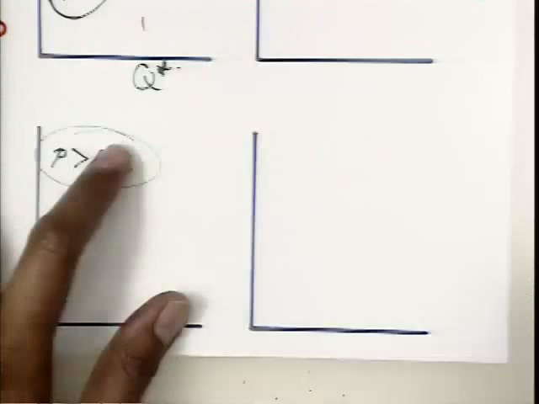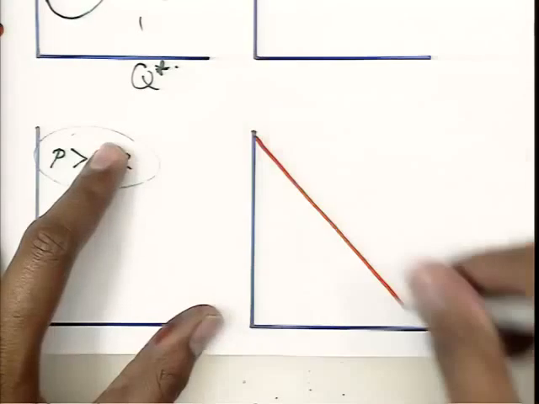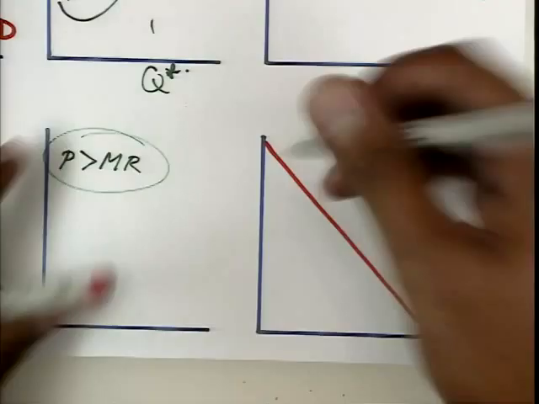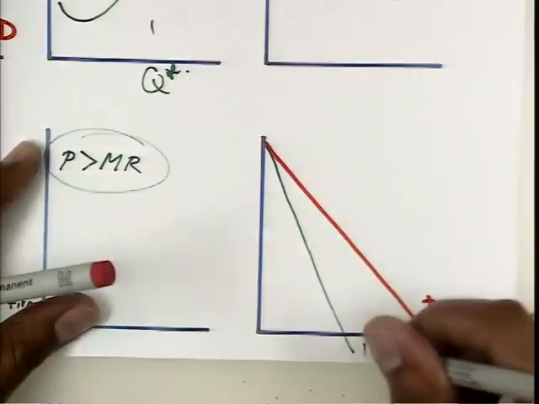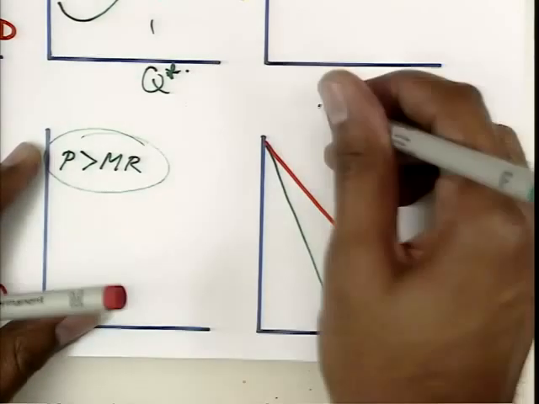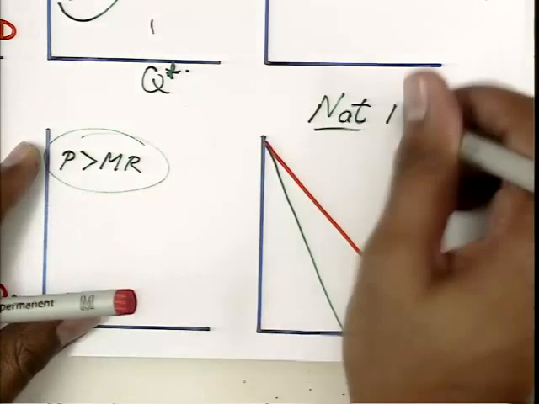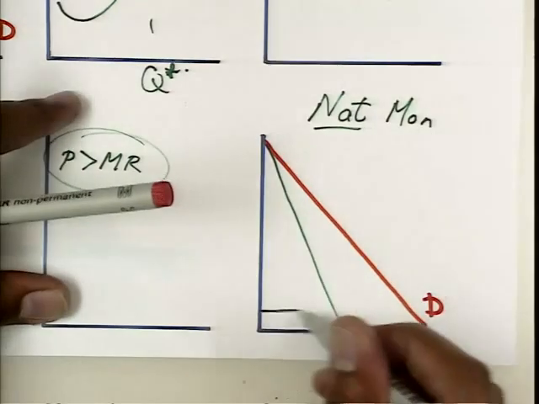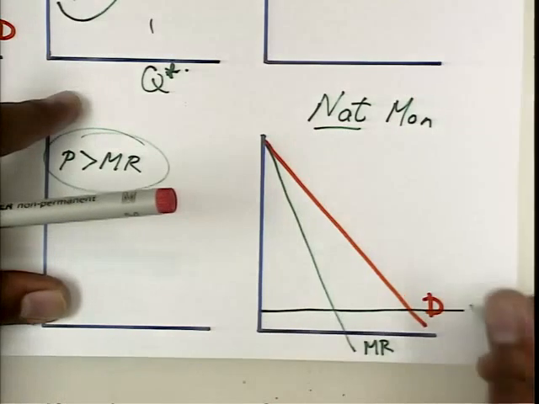Now, there is a special case of monopoly called a natural monopoly. Demand and MR are exactly the same for a natural monopoly, but the marginal cost curve is flat.